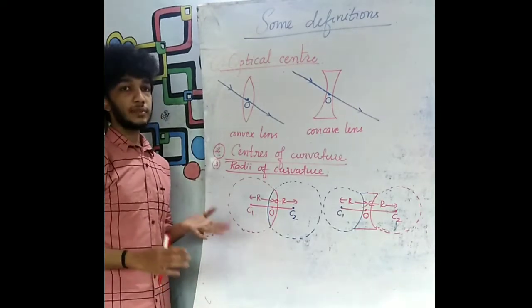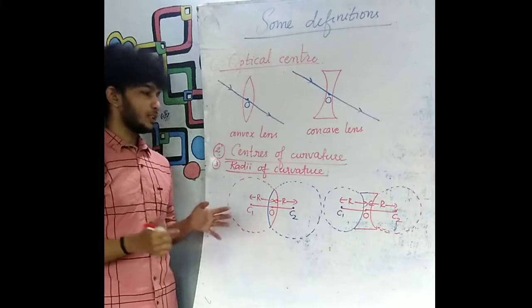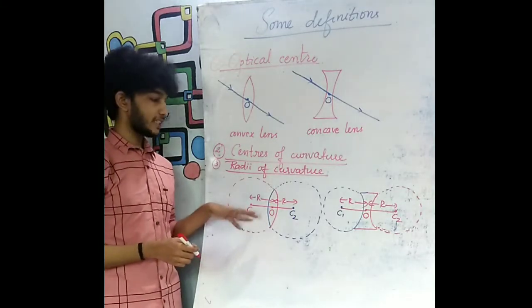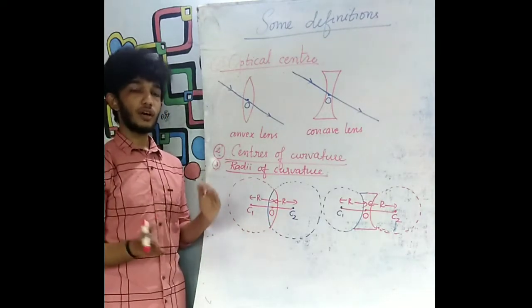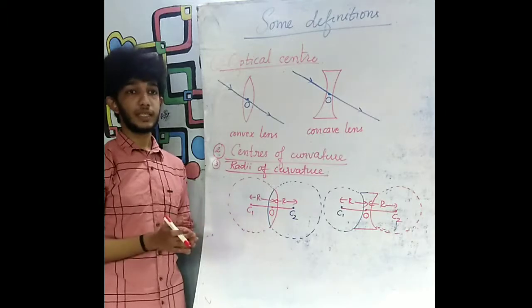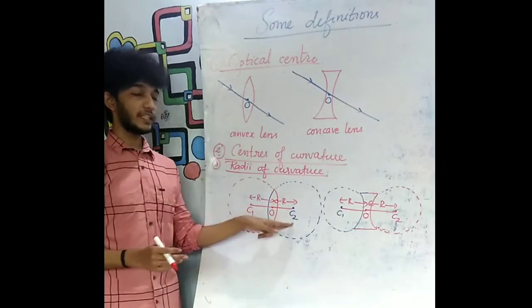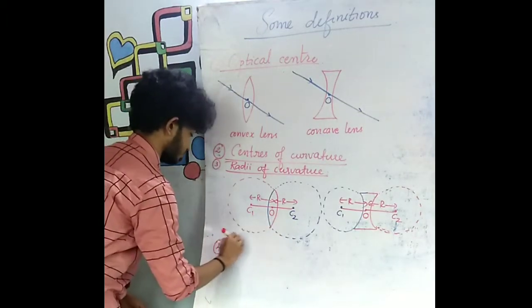So, the next term which I am going to introduce is the principal axis. So, what is a principal axis? Nothing but the line joining the two centers of the spheres of which the spherical surfaces were a part. Or simply, a straight line joining the centers of curvature is known as the principal axis.